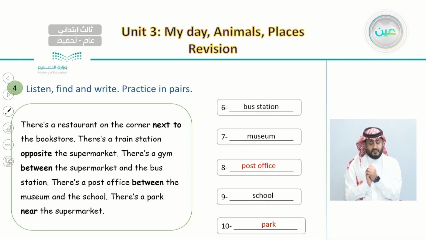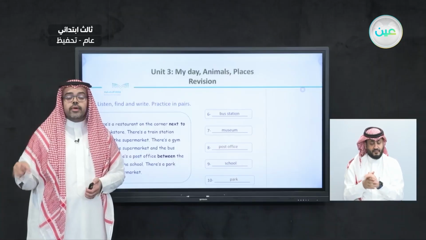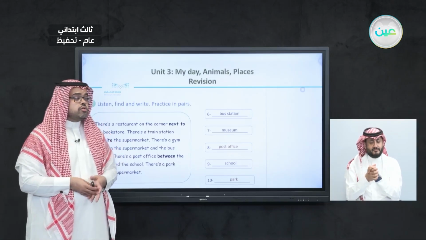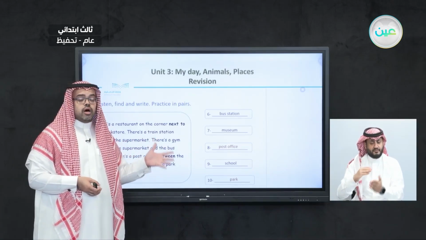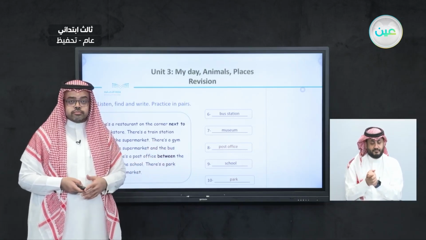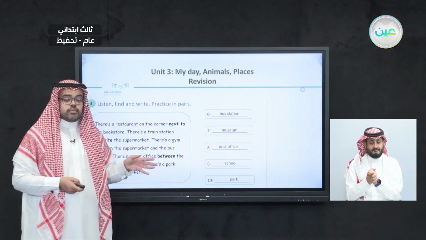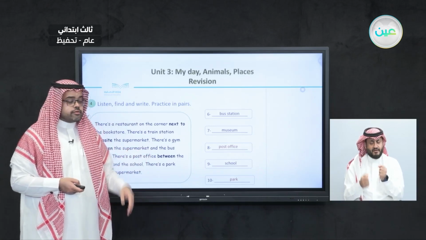This is how we can use the town map, and also this is how we can use this text so we can know what these places are. So quick reminder of the answers.